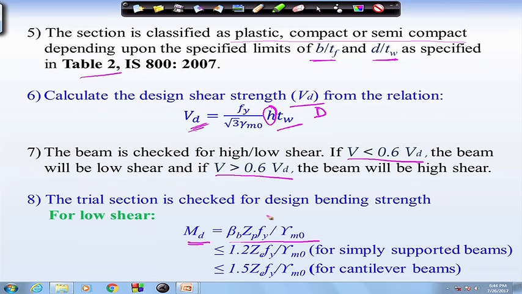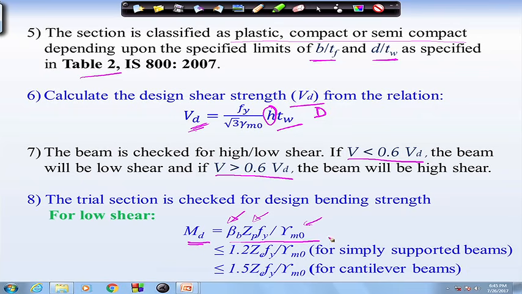For a particular section we know the Zp value, and depending on the type of section, whether it is plastic, compact or semi compact, I can find the beta b value, and the gamma m0 value I know.